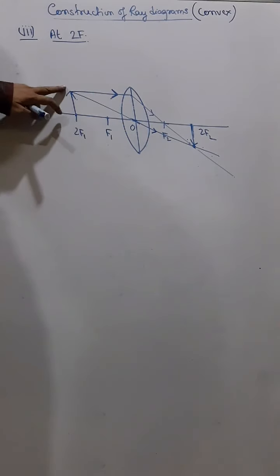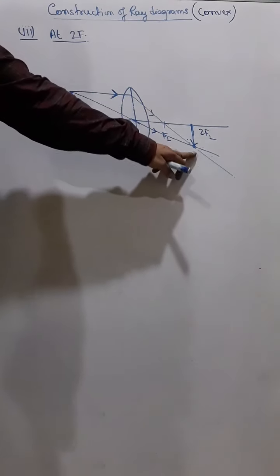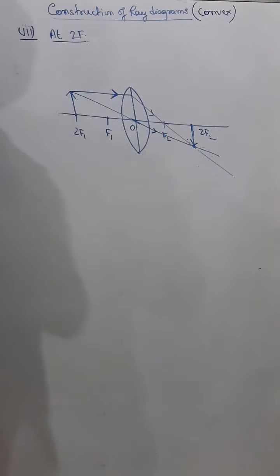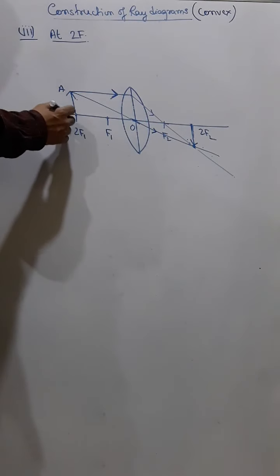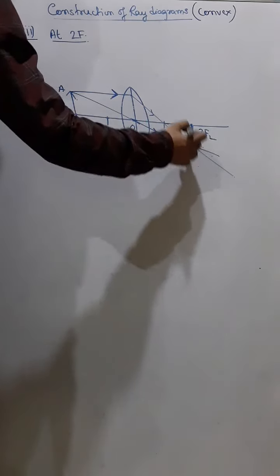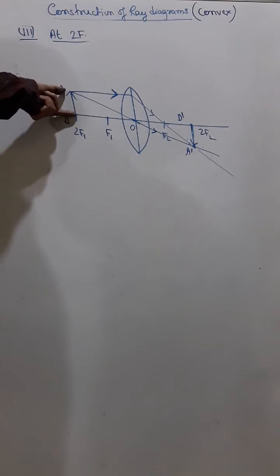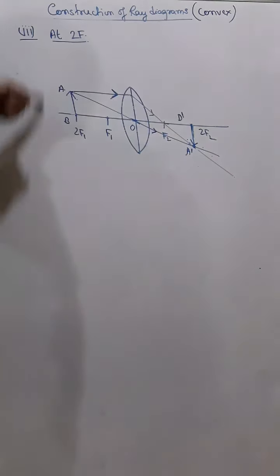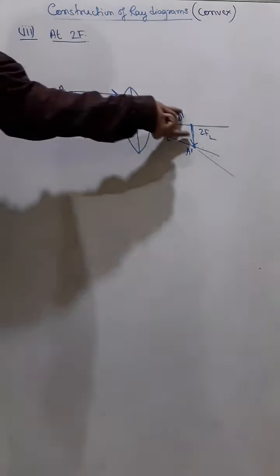Here you can see that this object gets reversed, meaning inverted, and there is no difference in size. The size remains the same. So if an image is inverted, then with this arrangement the image becomes erect. So that is the application.